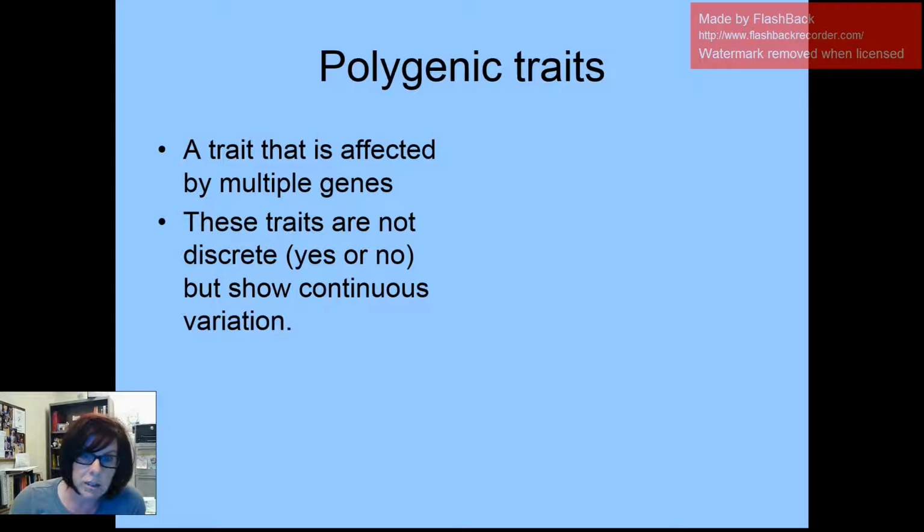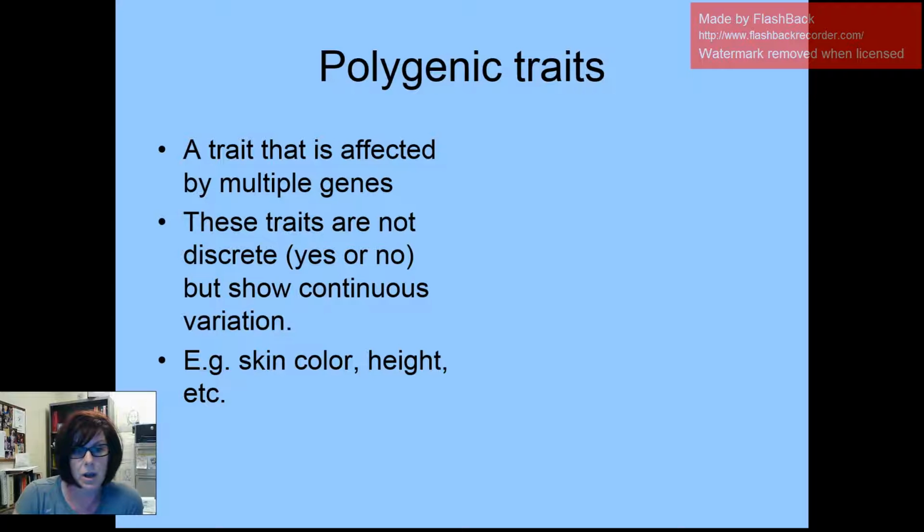Well, in characteristics that follow polygenic inheritance, there's no black or white. But you have all the shades of gray in between, because the phenotype is continuous. So you've got the two extremes of pure white and pure dark black, but in between you have all the variations of gray.